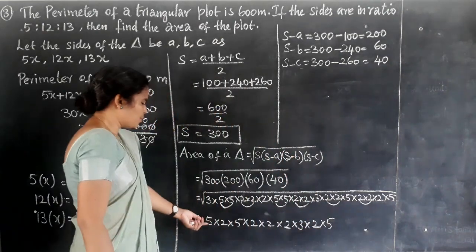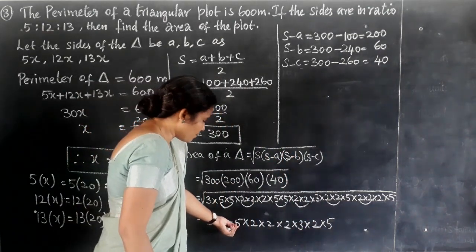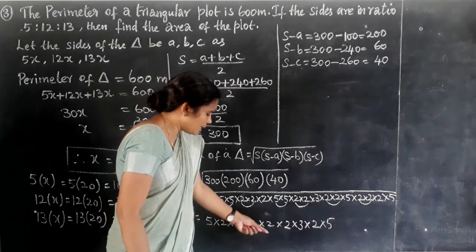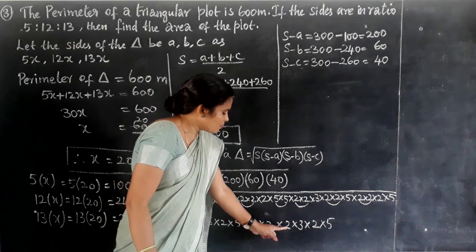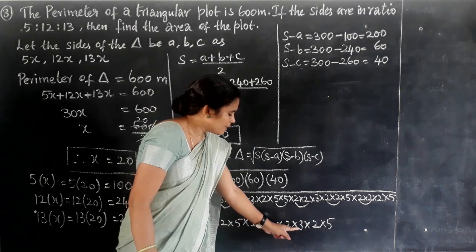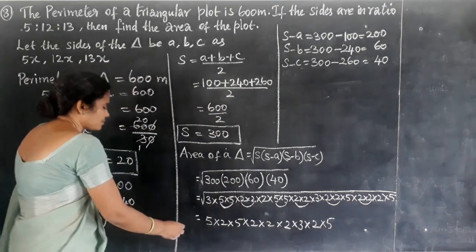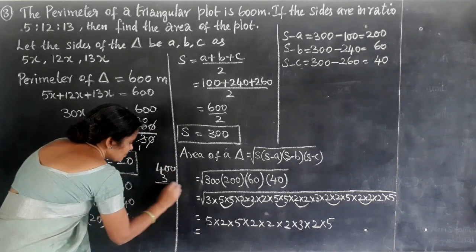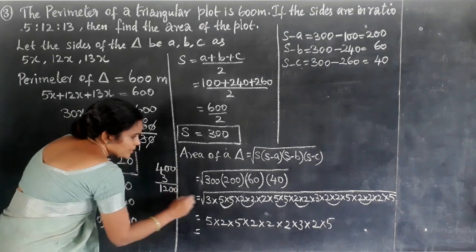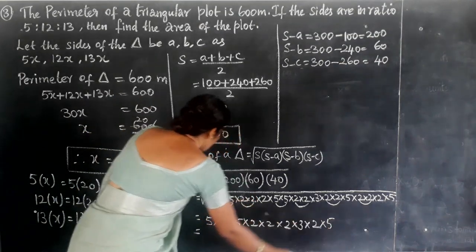Now multiply 5 2s are 10, 10 5s are 50, 50 into 2, 100, 100 into 2, 200, 200 into 2, 400, 400 into 3, 1200 into 5 2s are 10.